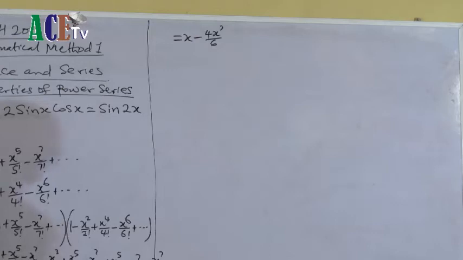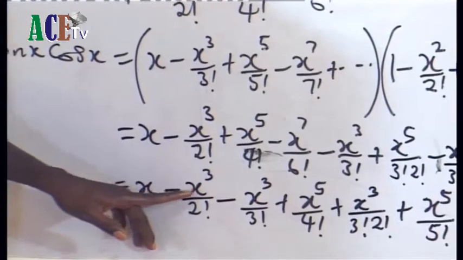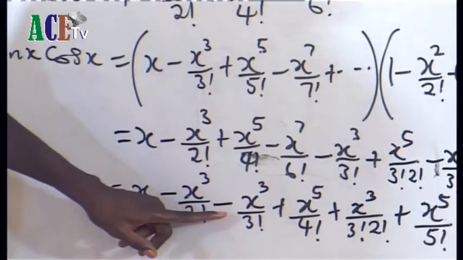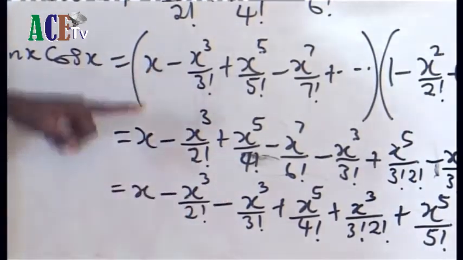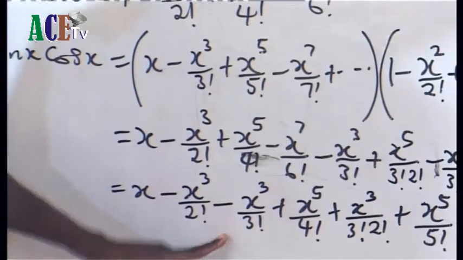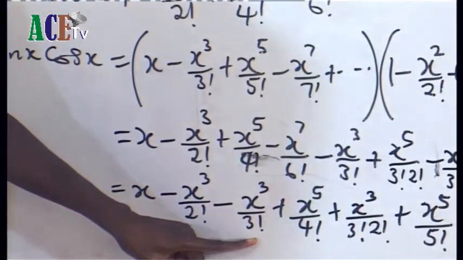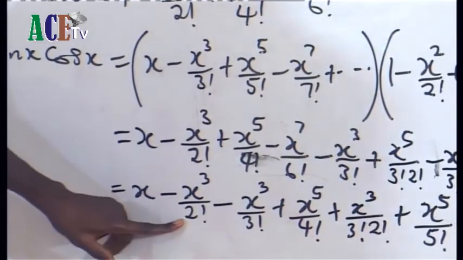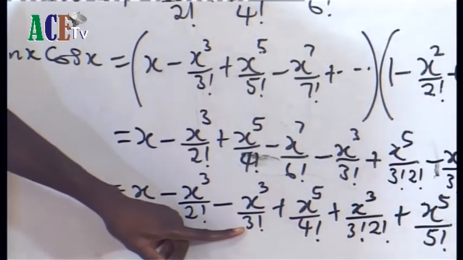By the time I add these two, it will give me minus 2x to the power 3 over 2 times 6. This 3 factorial is 6. This 2 factorial is 2. So that 2 will divide these 2. Then this one will come.